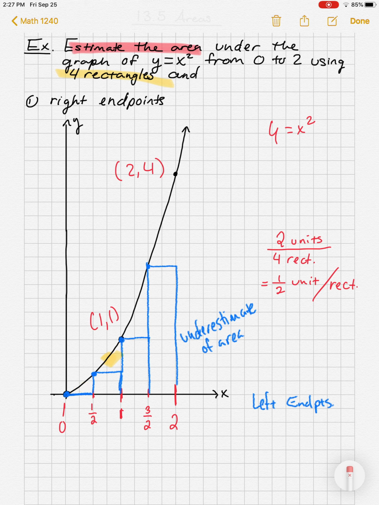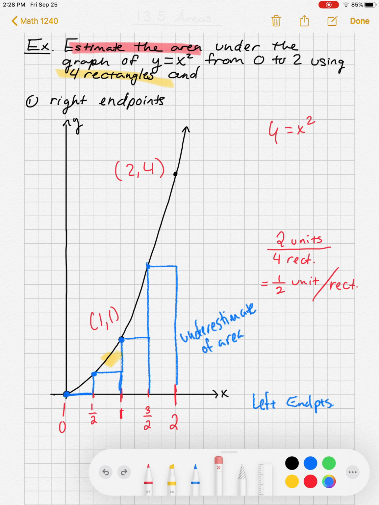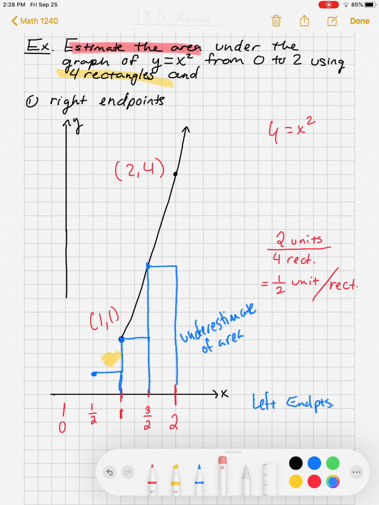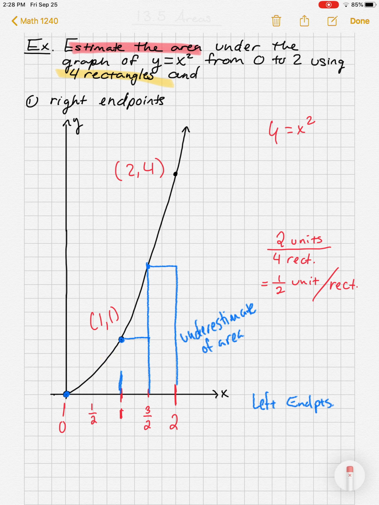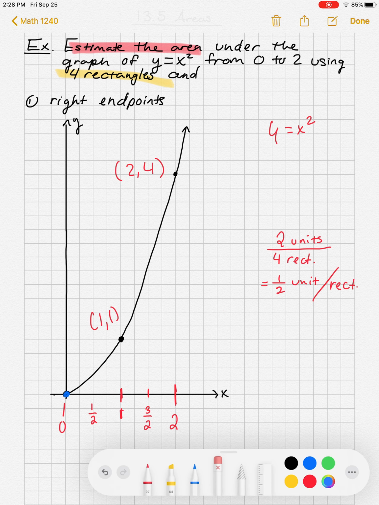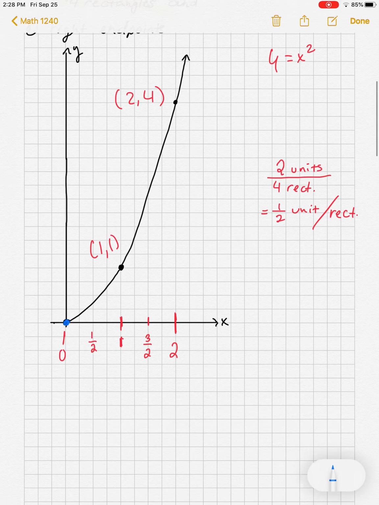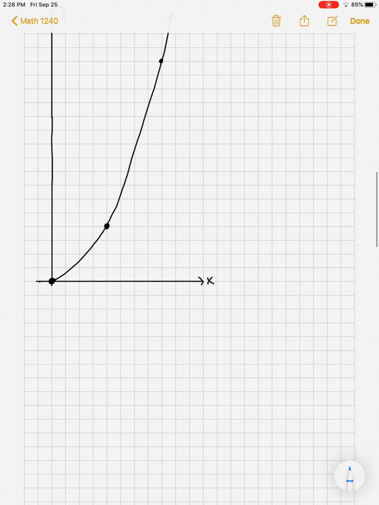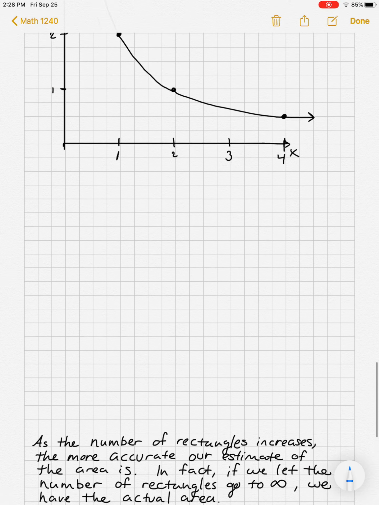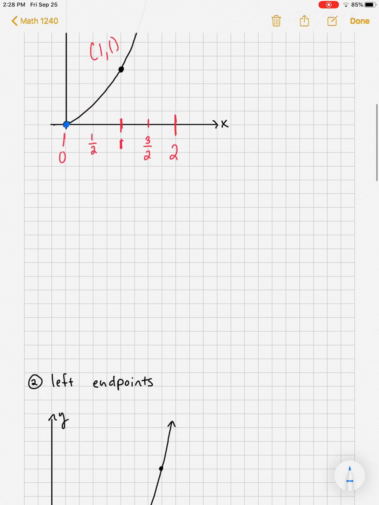Let me show you another one. Let me just leave that blue dot there. So what if I chose the middle of the rectangle? Let me see if I did one like that. Oh, right endpoints, left endpoints. I didn't, I guess, but I could have.